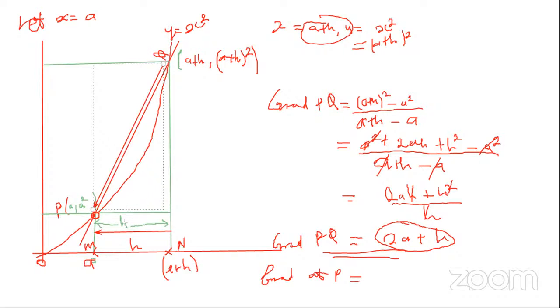As h reduces, which we mathematically say as h tends to 0, when we reduce the change in x to 0, then the point Q, this line or the gradient function, is reduced to point P. So as h tends to 0, our 2a plus h will as well tend to 2a.